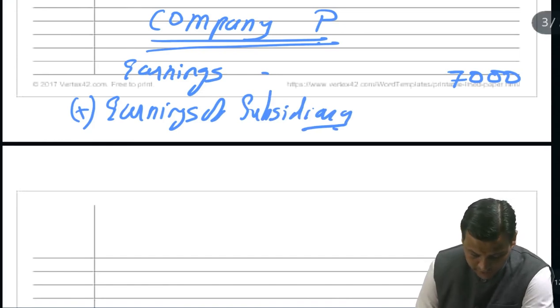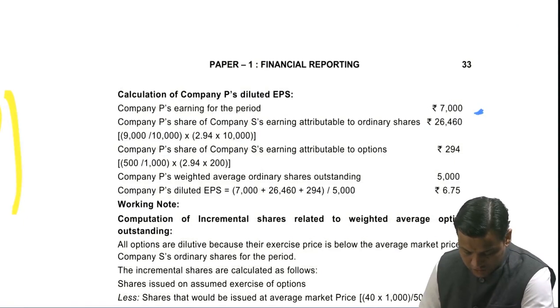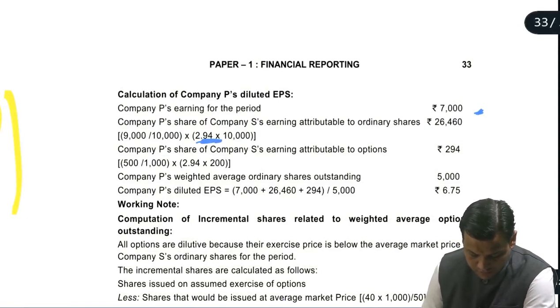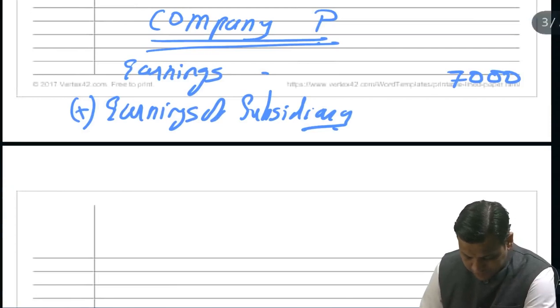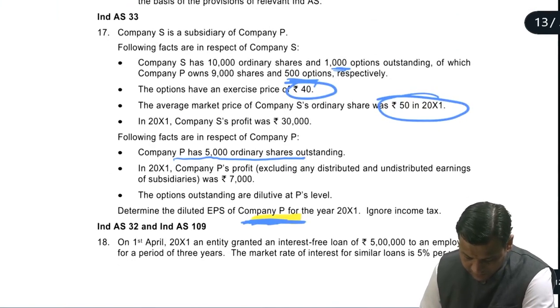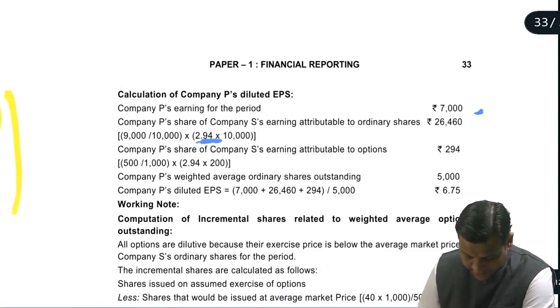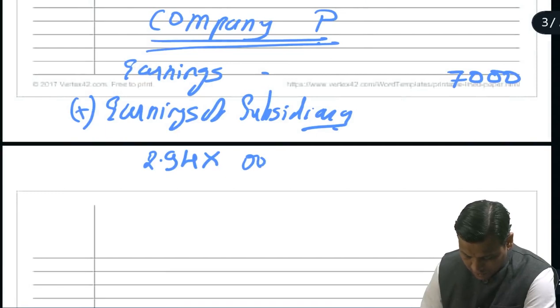Now how much earning of the subsidiary will be attributable to us? Of course, based on the 2.94 into how many shares the subsidiary has. The subsidiary is having 10,000 ordinary shares. So 2.94 into 10,000.